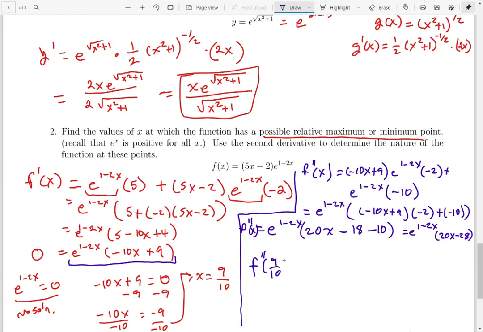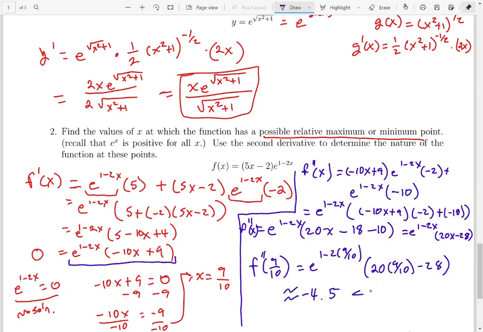f double prime of 9/10, but that's then going to be e to the 1 minus 2 times 9/10 times 20 times 9/10 minus 28, which I get to be approximately negative 4.5.